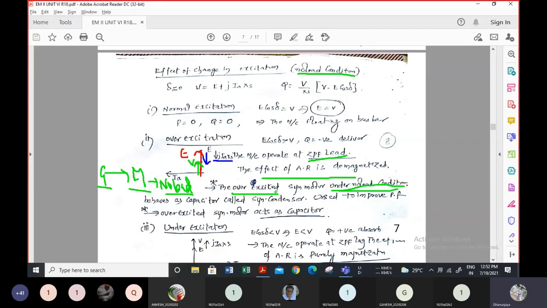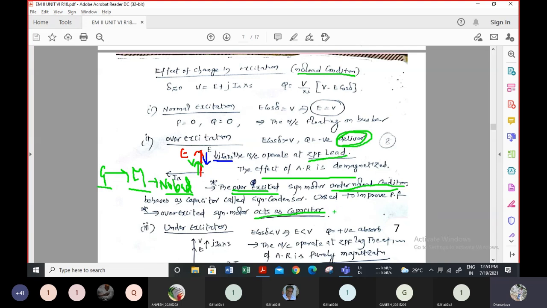Because when the machine is a motor operating under no load condition and is over excited, it can act like a capacitor. It can be used to deliver reactive power.